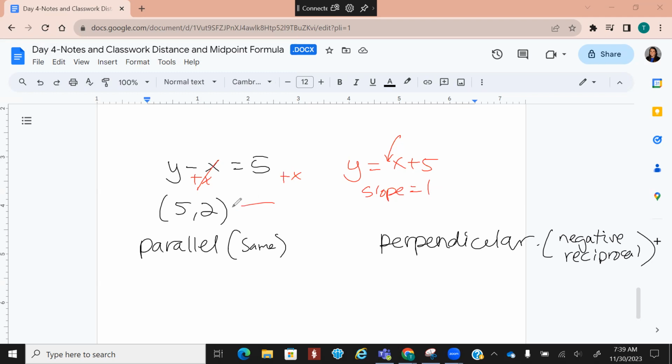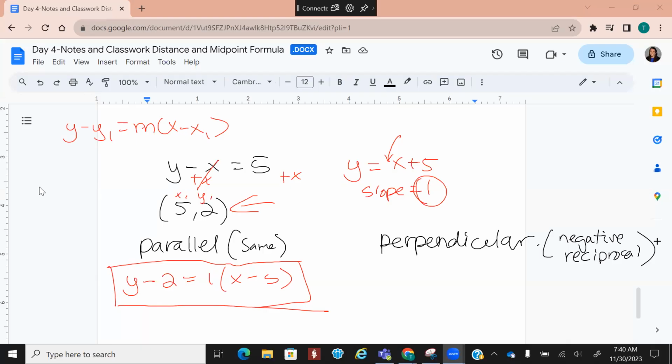They tell me a point, so I'm going to use the point slope formula, which I will give to you. The point slope formula is y minus y1 equals m times x minus x1. All you're going to do is take this and this slope and plug it in. So this is going to give me y minus 2 equals 1 times x minus 5.